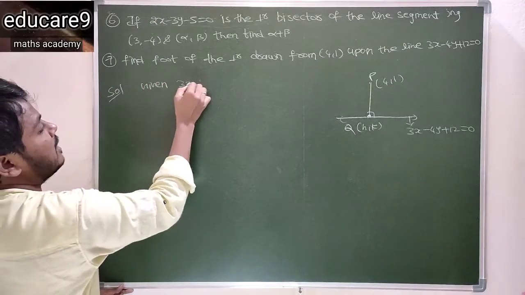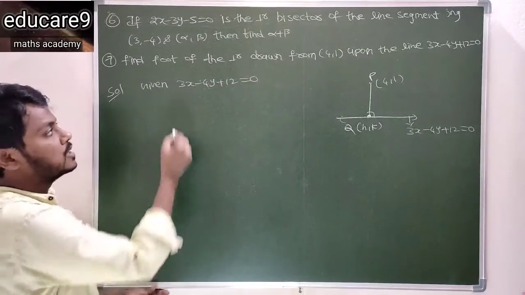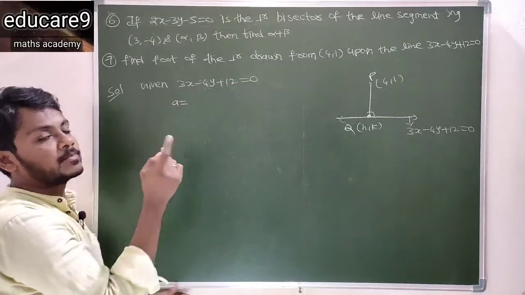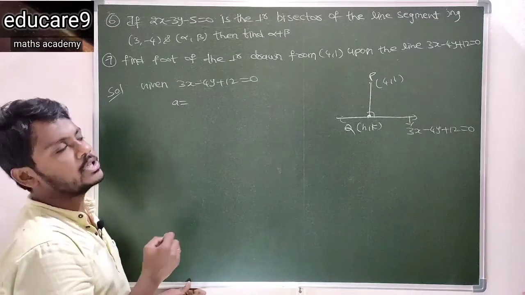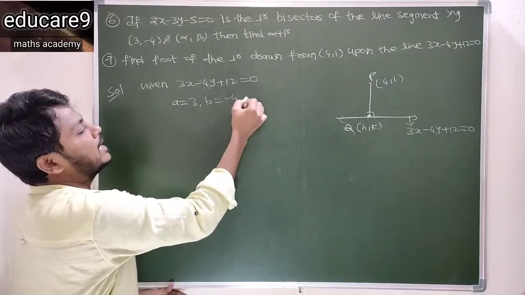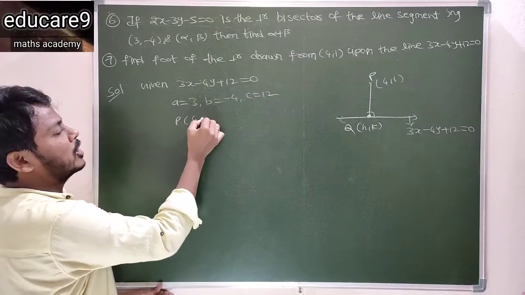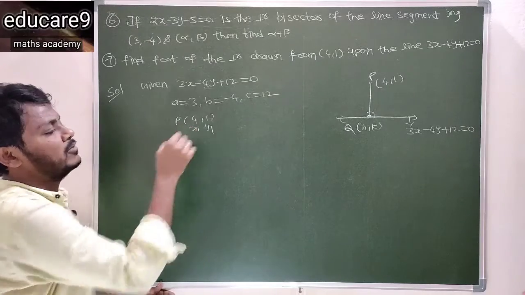So see here, the given line is 3x minus 4y plus 12 equals 0. So clearly comparing with ax plus by plus c equals 0, a is 3 and b is minus 4 and c is 12. And what is the point 4 comma 1? This is x1 y1.